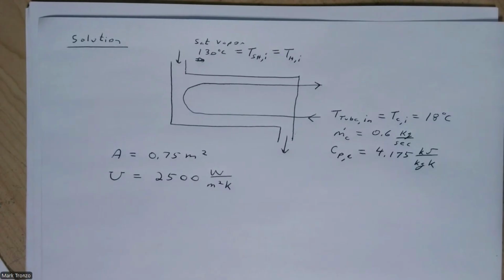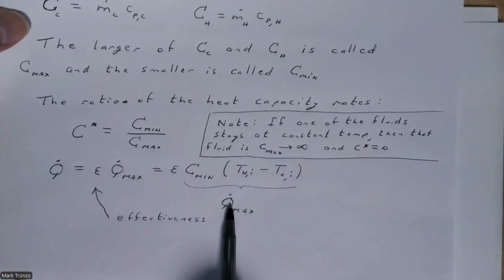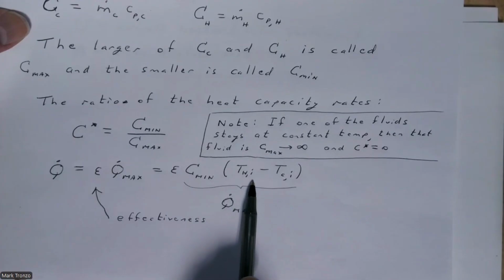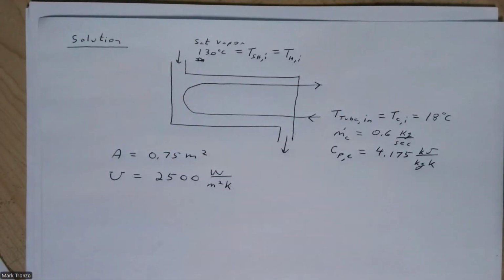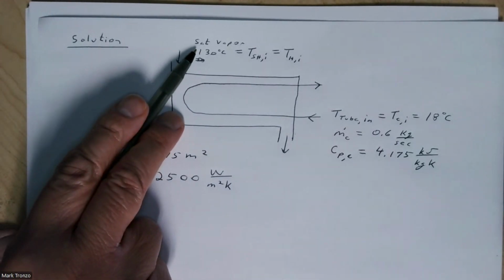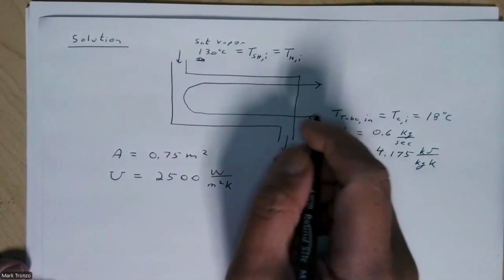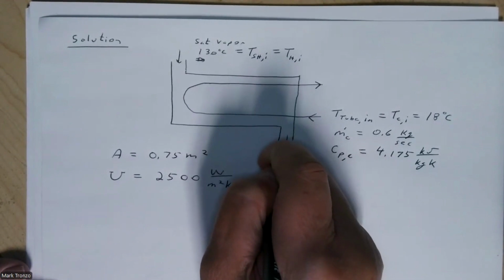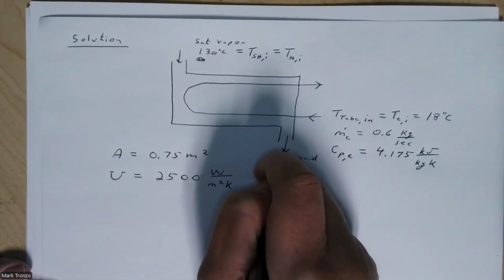And so let's start by calculating Q max. As I mentioned previously, Q max is going to be C min times T hot in minus T cold in. Now, what's C min going to be? Well, notice this is condensing from a saturated vapor to a saturated liquid according to the problem. So out here we're going to saturated liquid, and the temperature is going to be constant.